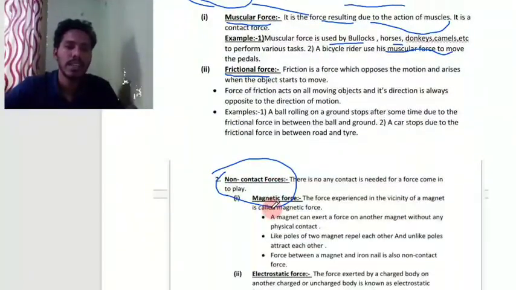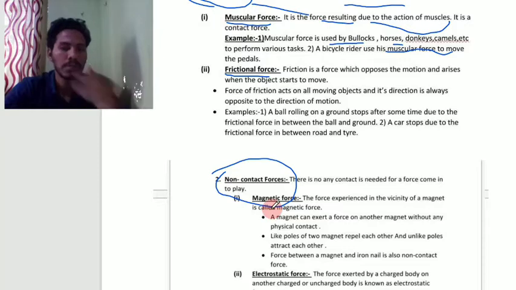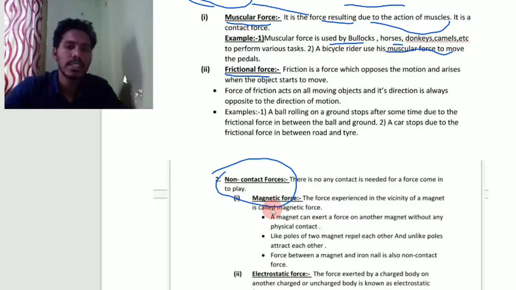Then the second type of contact force is frictional force. Frictional force is a type of contact force. Frictional force is a force which opposes the motion and arises when the object starts to move.